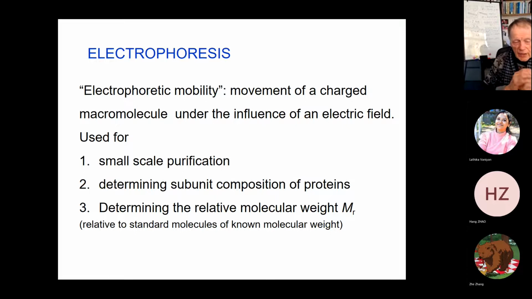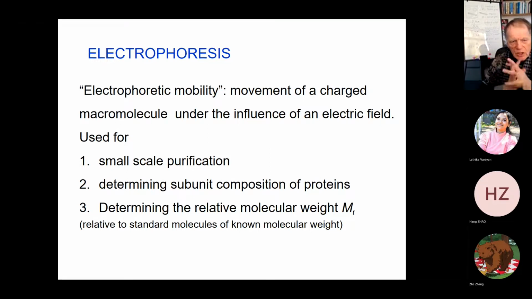And if the buffered conditions are such that we're at the isoelectric point, then it'll still be charged, but the numbers of positive charges equal the numbers of negative charges.